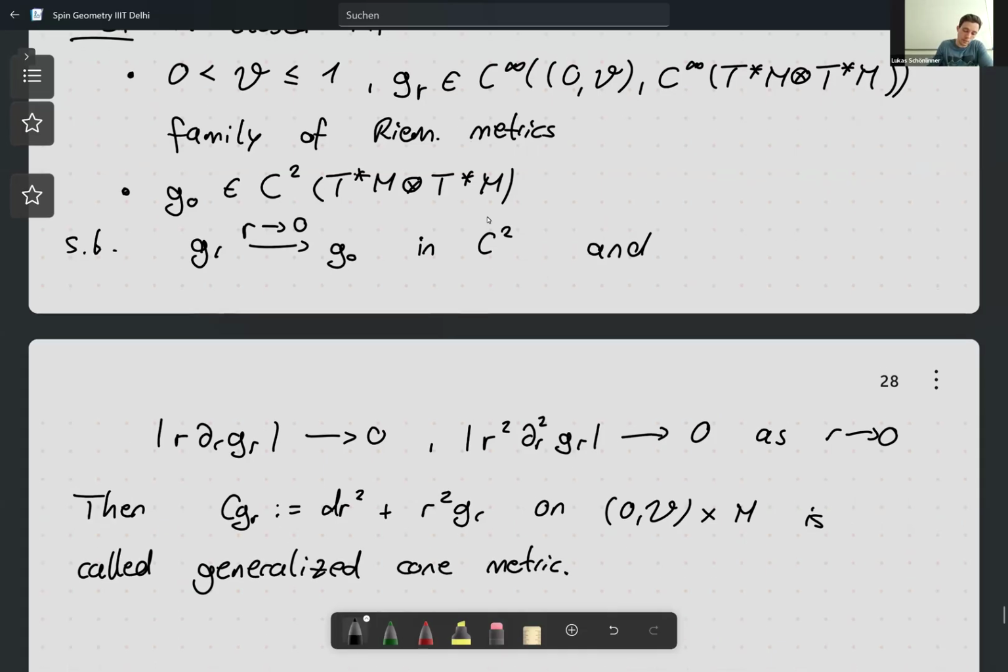These assumptions on the derivatives are made so that we have some handle on the scalar curvature, because for scalar curvature you need to differentiate twice. So we also need some conditions on the first and second derivatives to handle the scalar curvature.